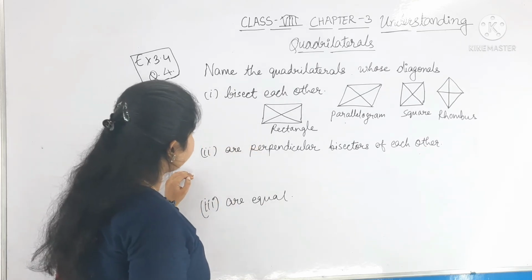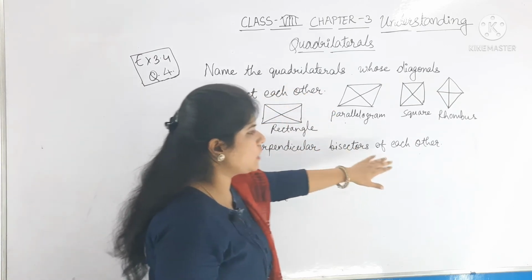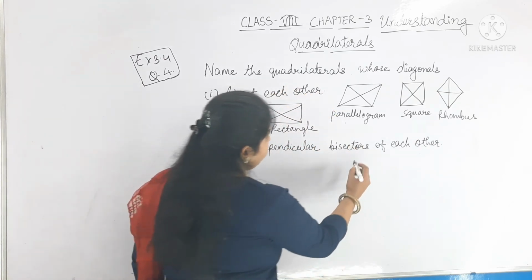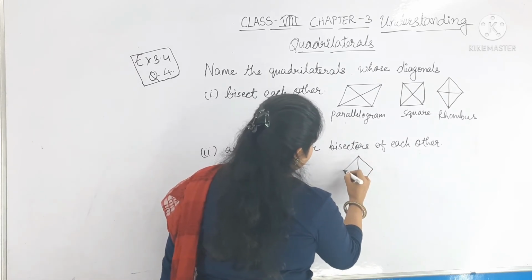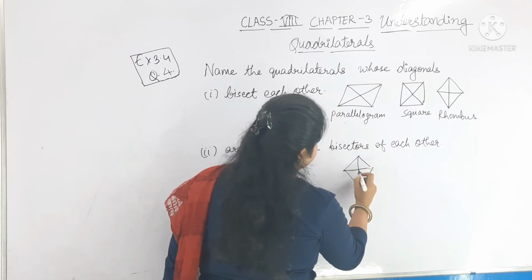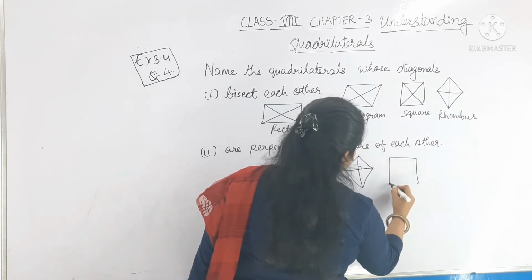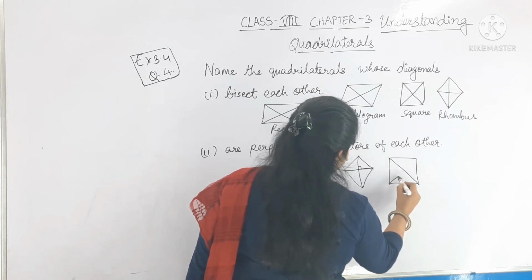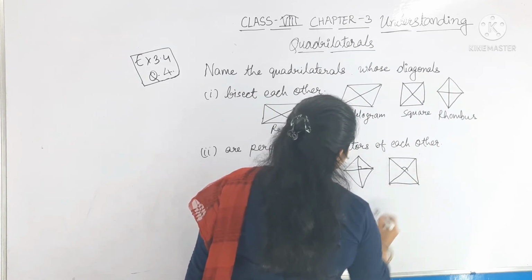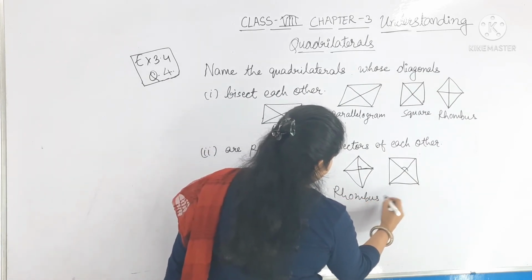Now come to the second part. Name the quadrilaterals whose diagonals are perpendicular bisectors of each other. We know that perpendicular bisector means they bisect each other at 90 degrees. That is the rhombus. This is a rhombus and this is a square. So this is the answer: rhombus and square.